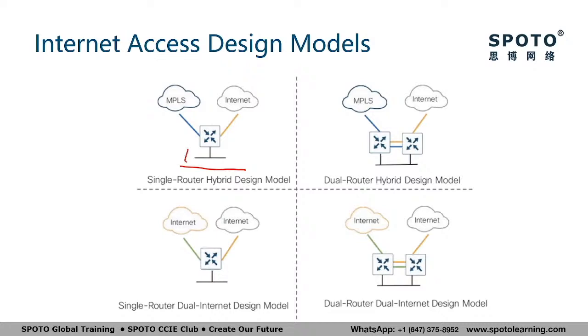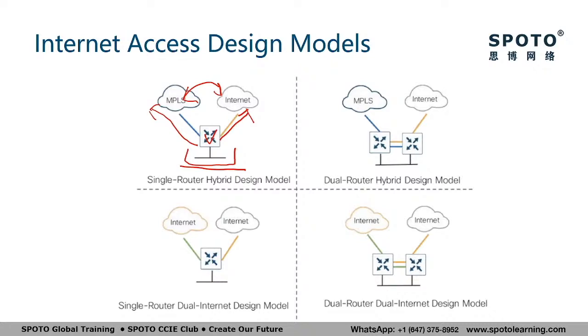A single router at the internet edge. We can have both MPLS, for the WAN connection, and the local internet breakout. We can leverage these 2 circuits to split the traffic based on the design. But the problem is this router in the middle, it's a single point of failure.